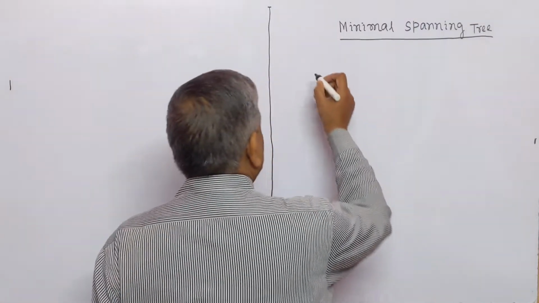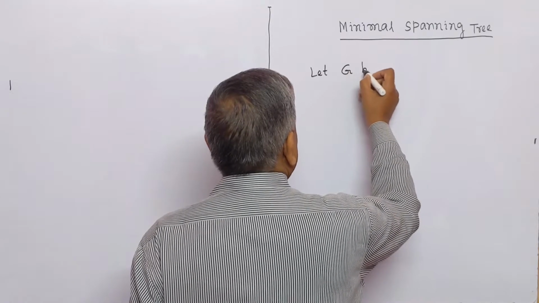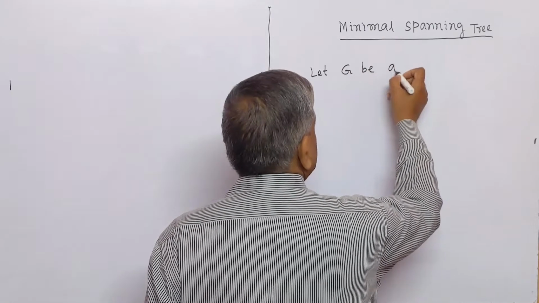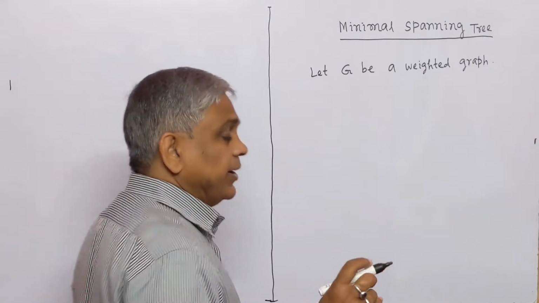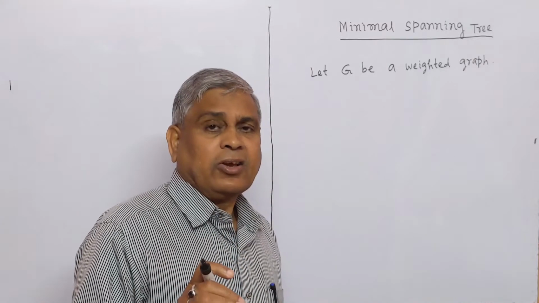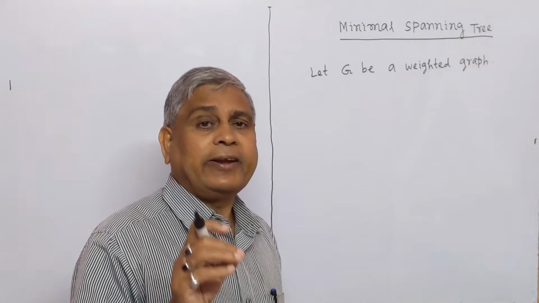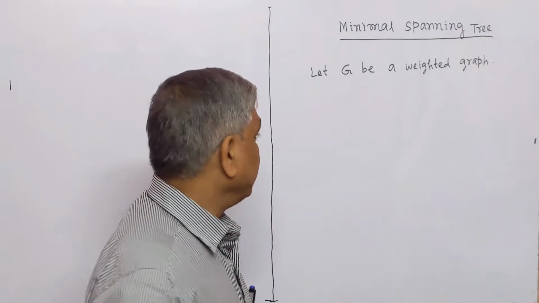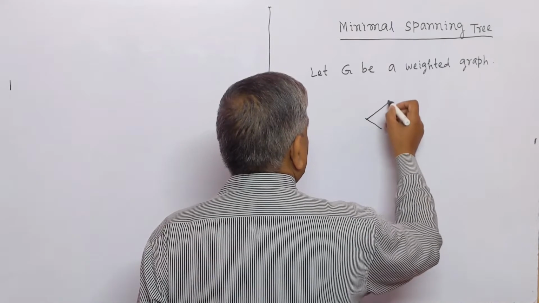Let G be a weighted graph. Weighted graph means each edge of the graph is assigned a non-negative number. Let we have a graph.